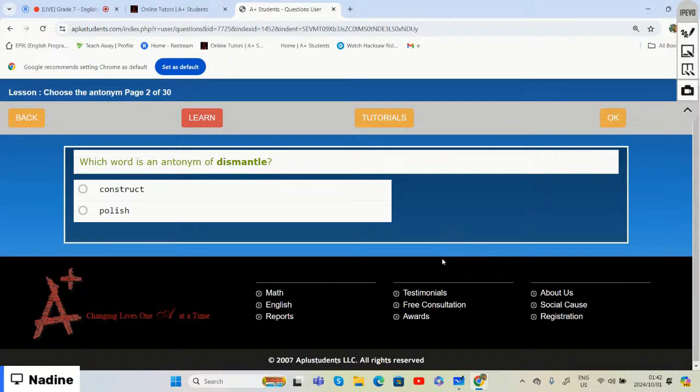Dismantle. Which word is an antonym, the opposite of dismantle? Is it to construct, option one, or to polish, option two?